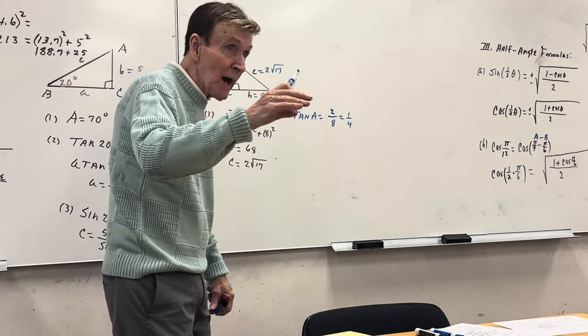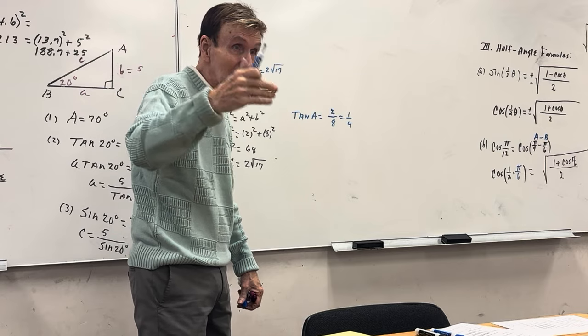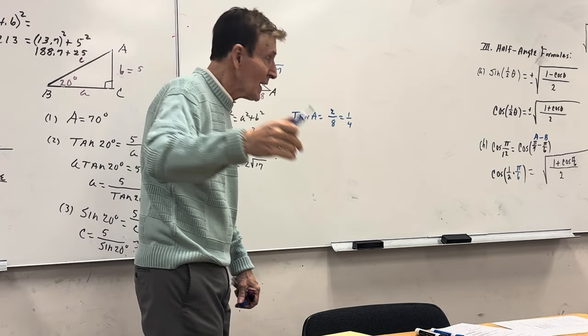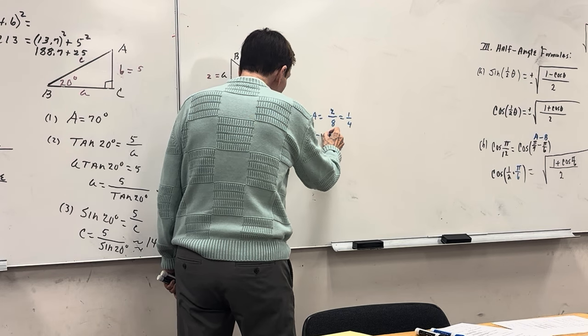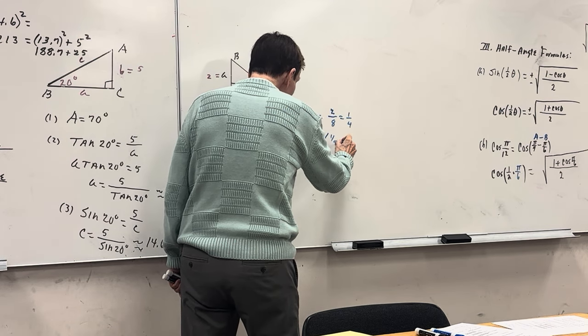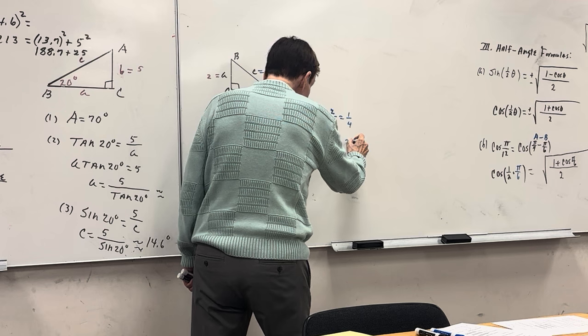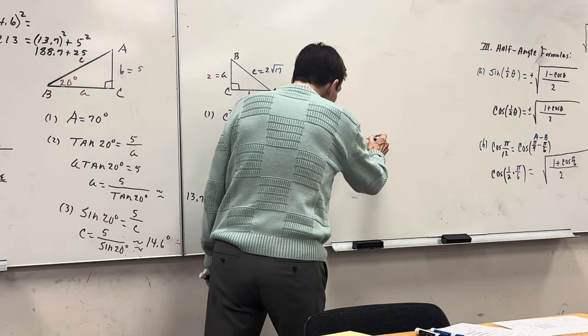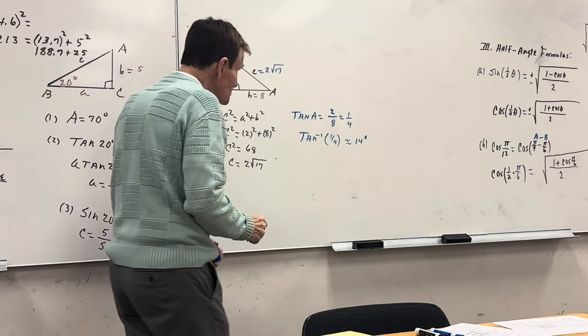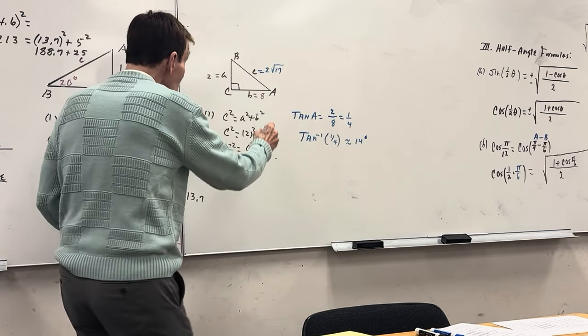First tell us, how are you going to approach this to find angle A? Inverse tangent. Thank you. We're going to apply an inverse tangent on that 1/4. 14 point something? Is it supposed to just be 14? Okay. So we'll say that's 14 degrees. And that was for this.